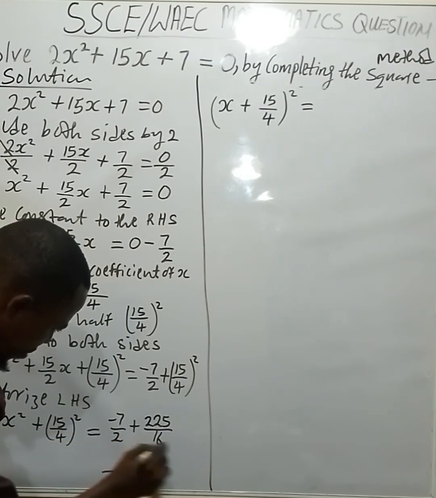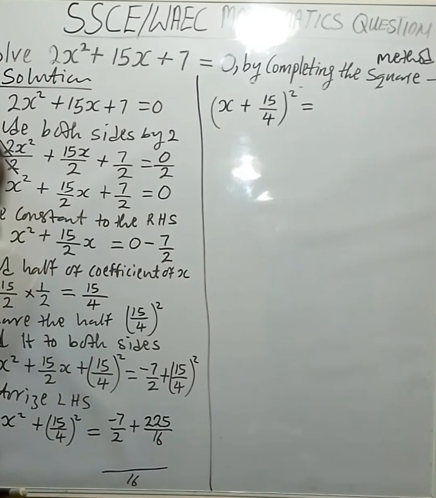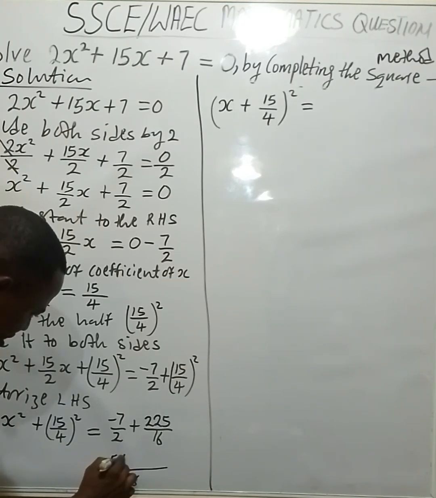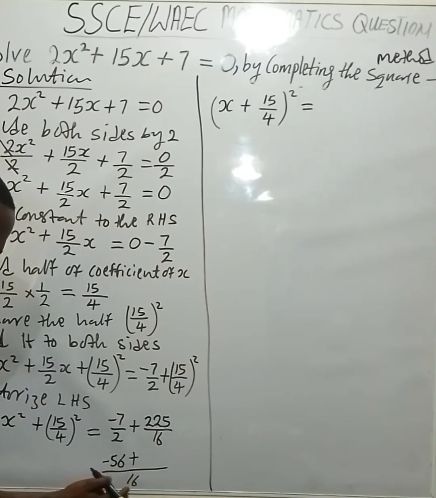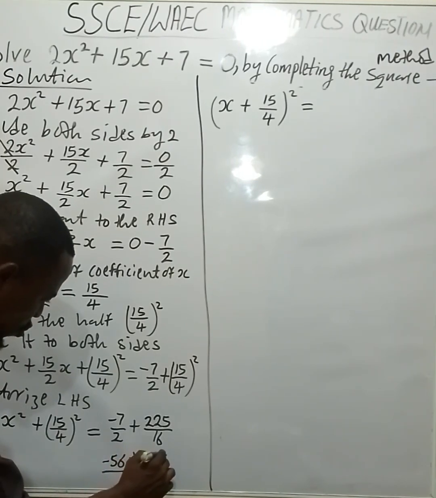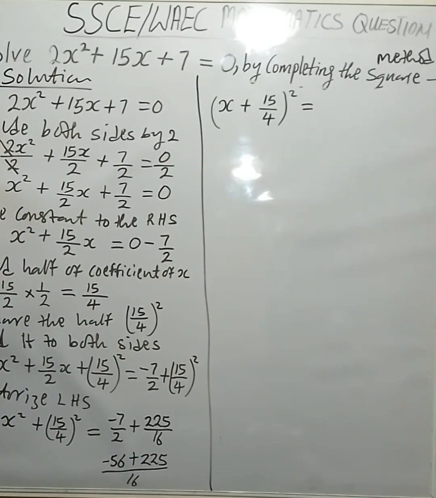What is the LCM of 2 and 16? 16. How many times can 2 go into 16? 8. 8 times minus 7 is minus 56, plus 16 to 16, 1. 1 times 225, 225. Are we together?